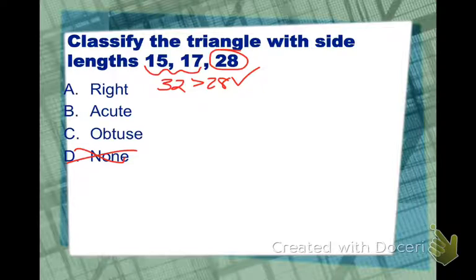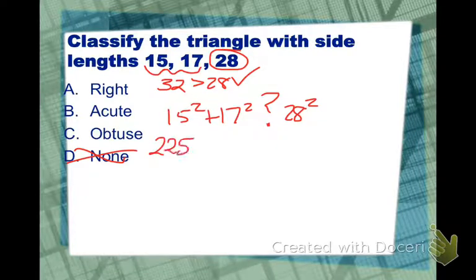So now do the sums. How do the sums of the two smaller sides compare to the square of the longest side? Well, let's see what happens. So squaring these, we have 225 plus 289, and 28 squared is 784.